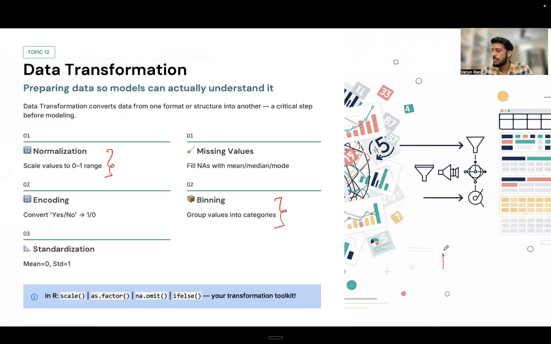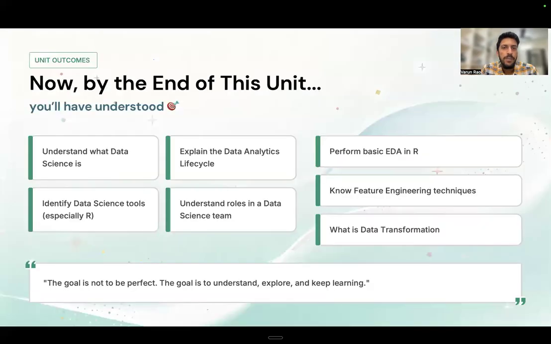So what is the most important thing that you need to understand before you go or before you choose? I think that is the problem statement. And based on the problem statement, you would derive the flow logic, right? So by the end of this unit, I am pretty sure you have understood the first one, that is what data science is.